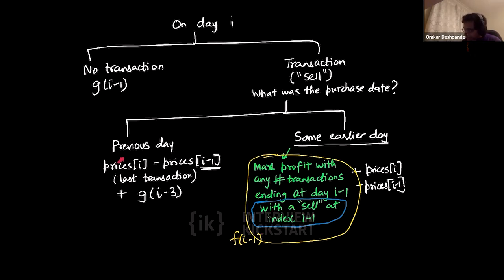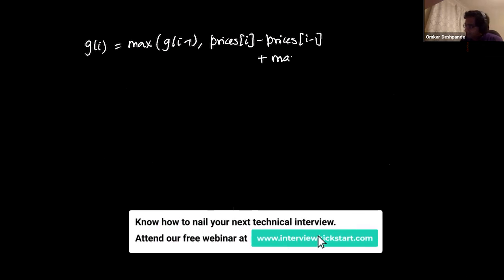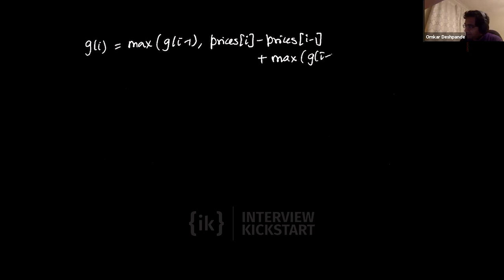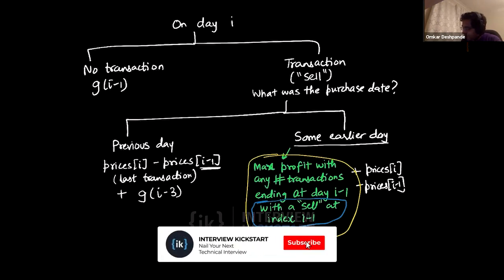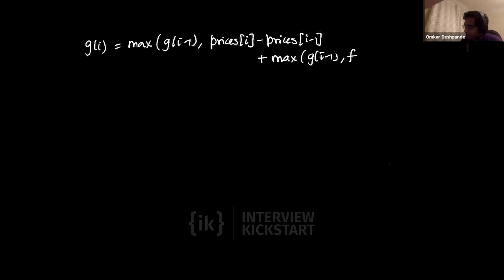I could just write it as the delta in the price plus whichever is bigger among these two, g of I minus 3 and f of I minus 1. So that's the expression for g.